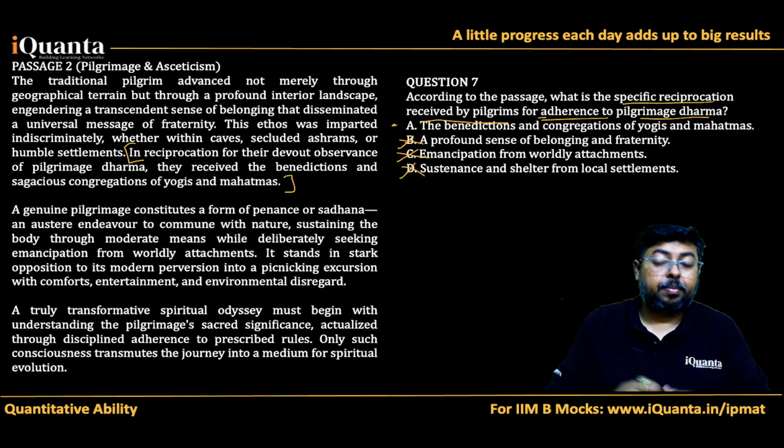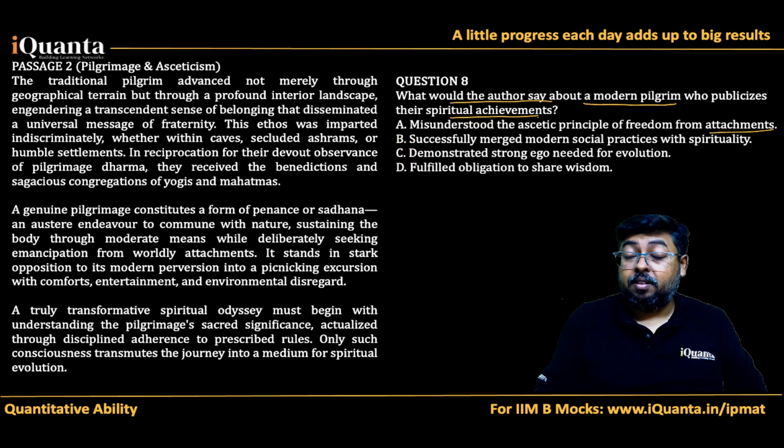If he's publicizing himself, then he's actually attached to people. Attachment should not be there; we should have freedom from attachment. So automatically A can be taken, that the author says this modern pilgrim who is publicizing his achievements has misunderstood the ascetic principle of freedom from attachment. I can definitely keep this.